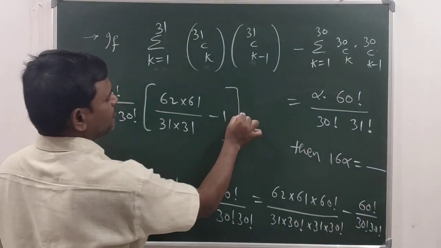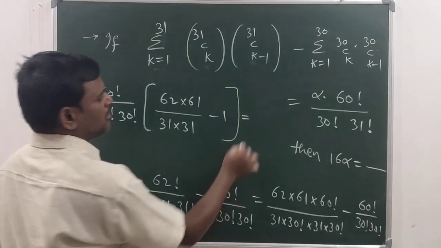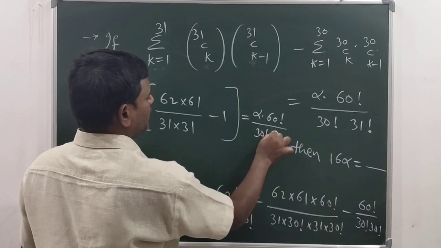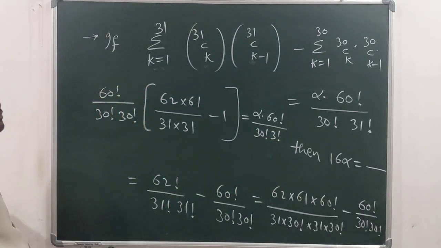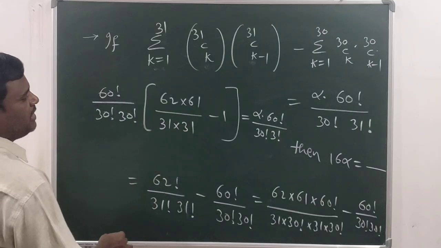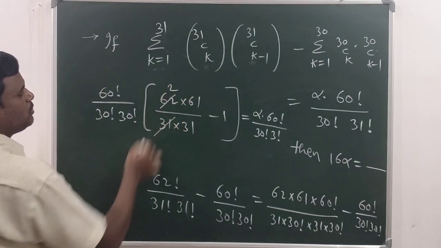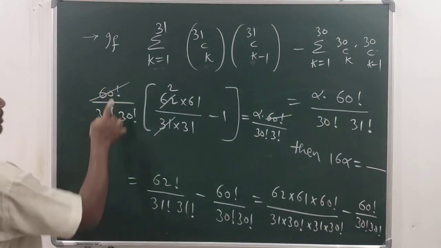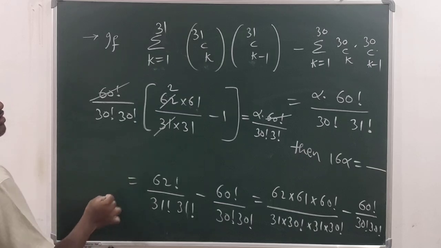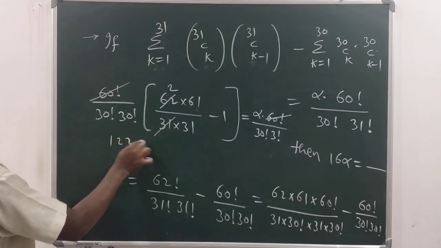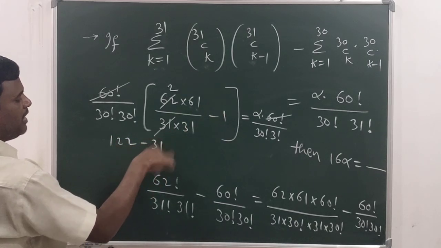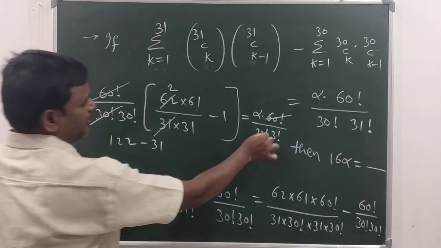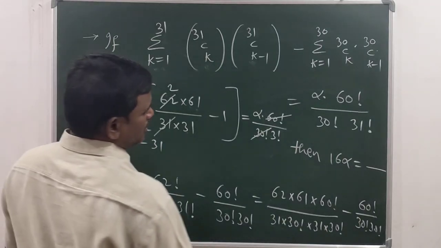Now RHS: alpha into 60 factorial by 30 factorial into 31 factorial is given. Now simplify inside. 31 1s, 31 2s, students. So here 60 factorial cancels. Here 2 61s are 122. So when you take cross multiplication, minus 31 by 31, here this 30 factorial cancels.